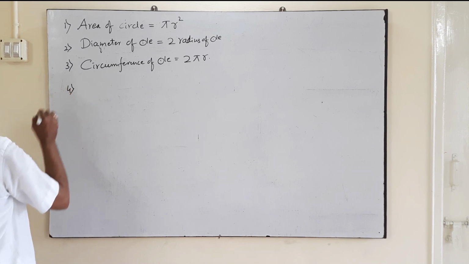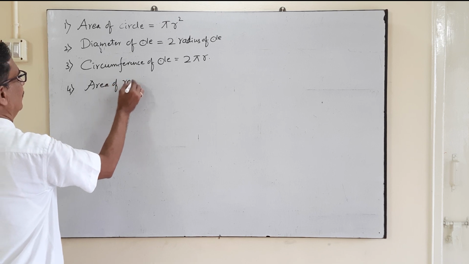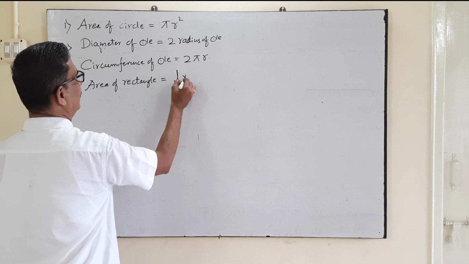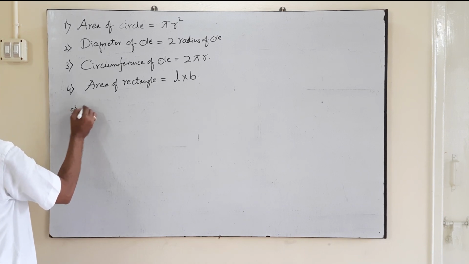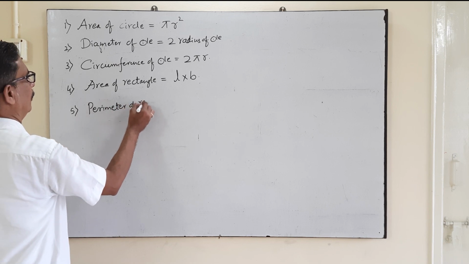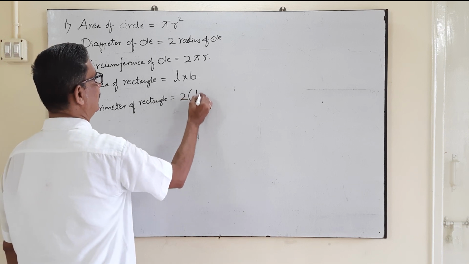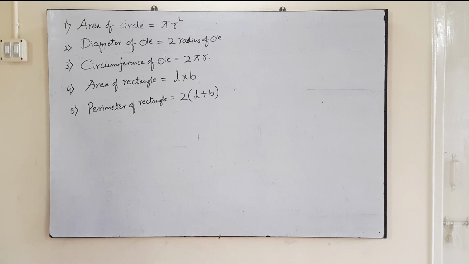Okay. Then what is the formula for area of rectangle? Do you remember? Length into breadth. Remember. Then what is the formula for perimeter of rectangle? 2 times L plus B. Correct? 2 times L plus B or 2L plus 2B.